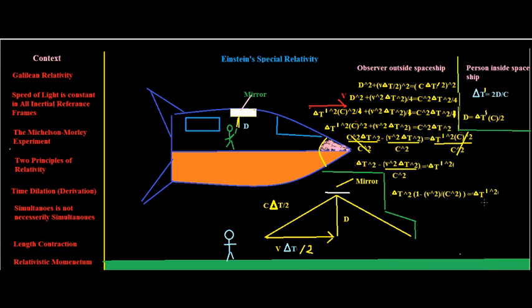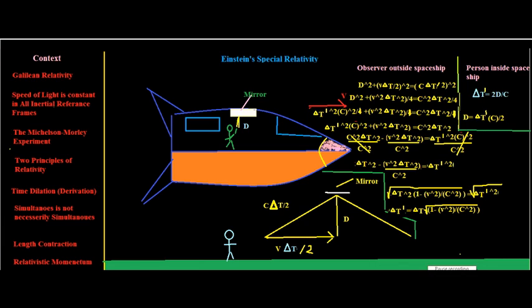Now you could square root both sides to get t', which is the time inside the spaceship, and you will get this equation.